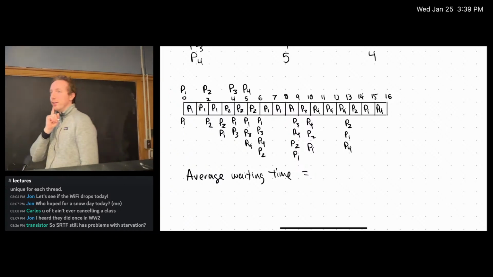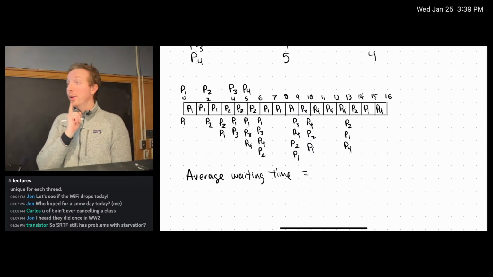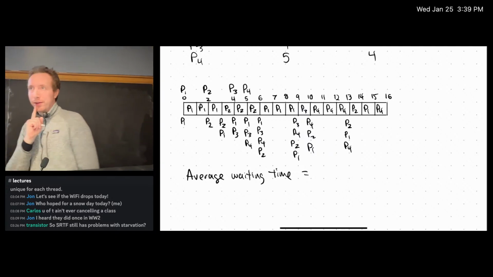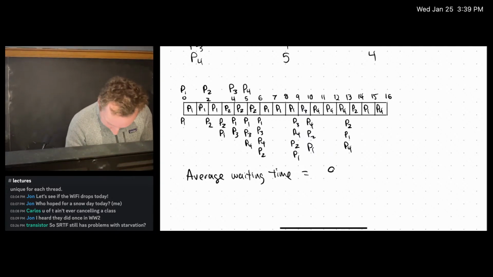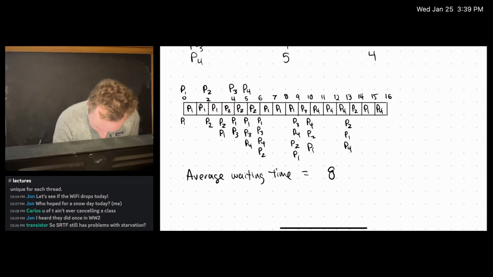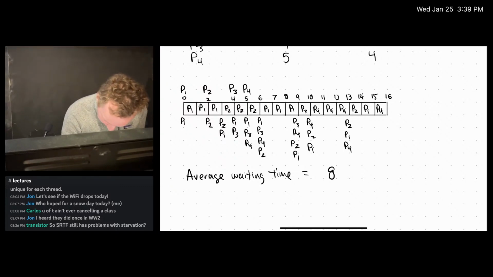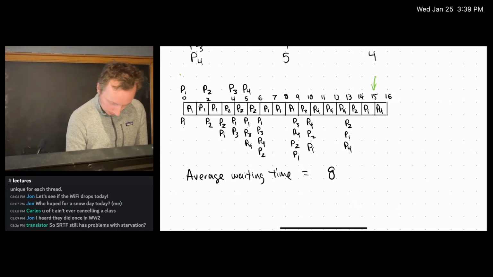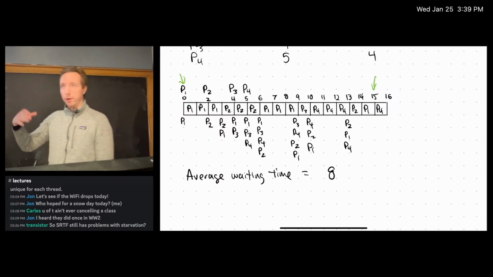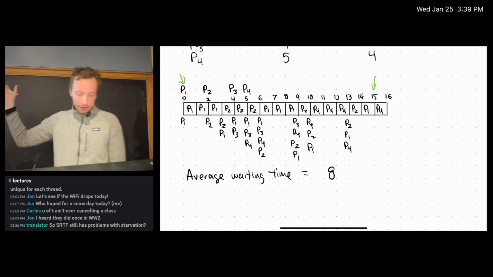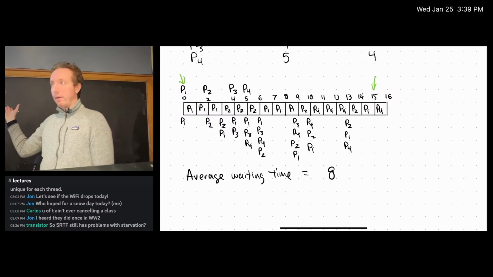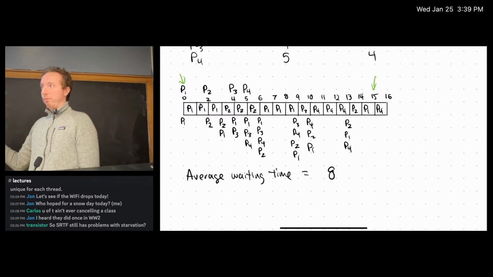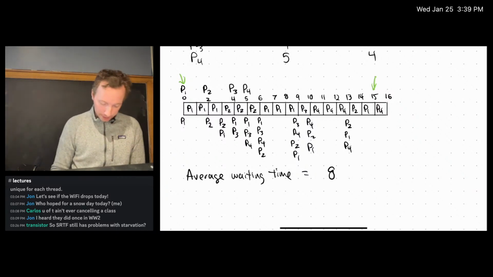Yeah, 8. So process 1 waited around for 8. And why? Well, it ended at 15 and started at 0. So it was there for 15 time units, and it took 7 to execute. If we just subtract, it must have waited around for 8. Or you could count the boxes if you want.